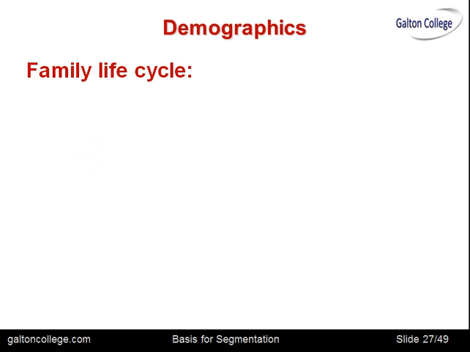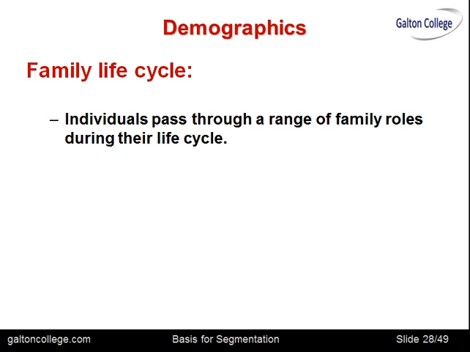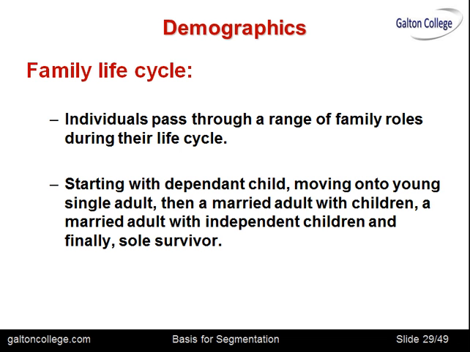There's also family life cycle. Individuals pass through a range of family roles during their life cycle, starting with the dependent child. That's where we all start, moving into young single adult, then a married adult with children, then an adult with independent children, and finally a sole survivor.